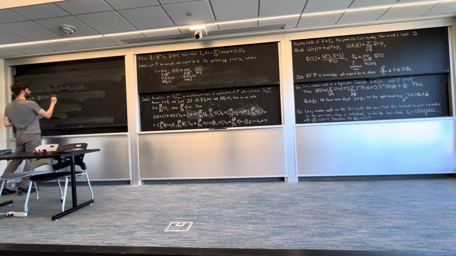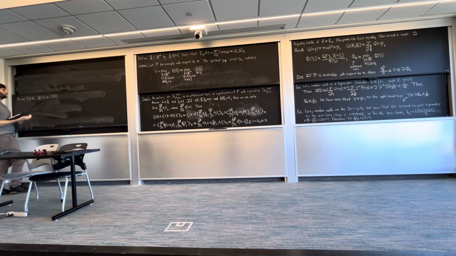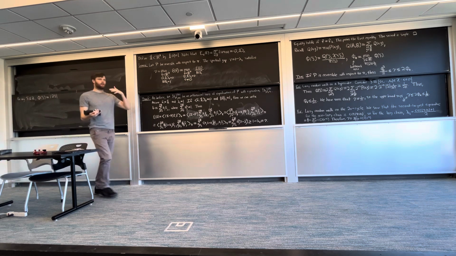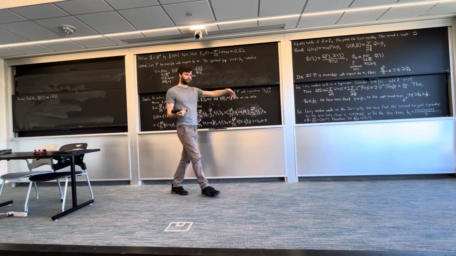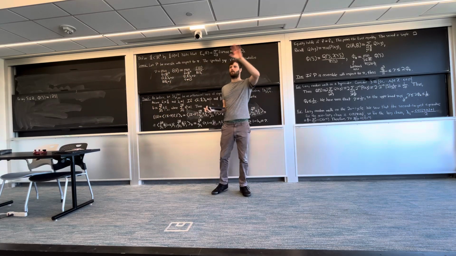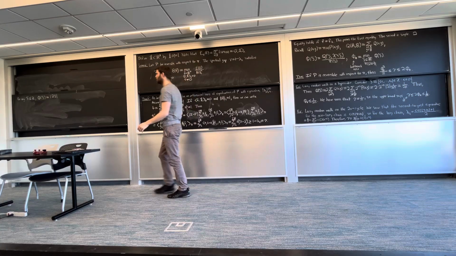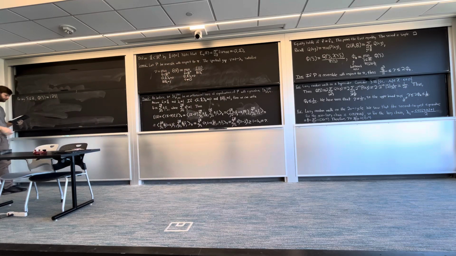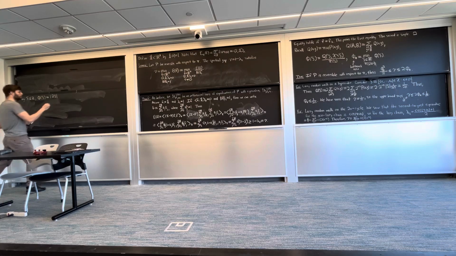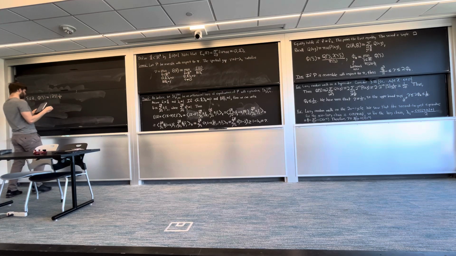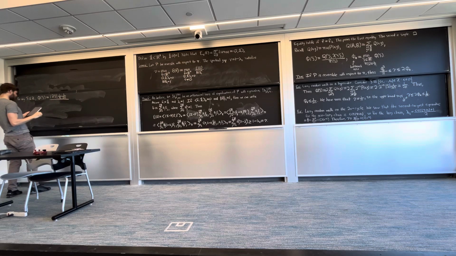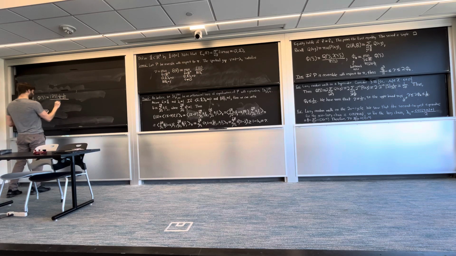Remember, the boundary of S is the number of edges going between S and the complement of S. If you imagine S is some subset of the vertices of a 2n cycle, it's just the number of edges connecting something in the set to something not in the set. Let me write out what this is and we'll see why this is true. We have 1/4, 1 over 2n, and then the size of S over 2n.